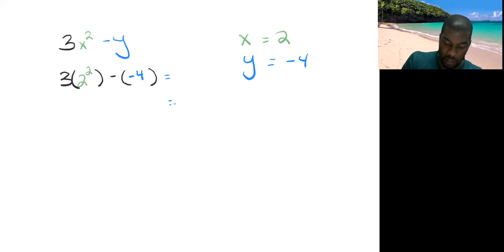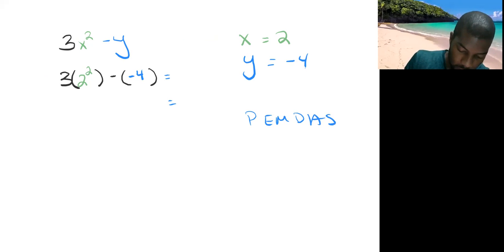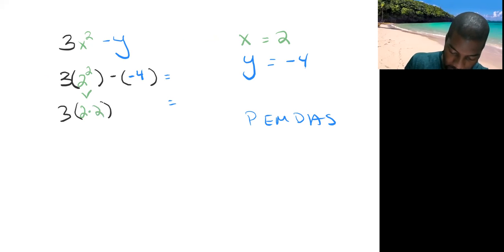All right, parentheses. Do I have parentheses? Yes, I do. Inside my parentheses is a 2 squared, so 2 squared is really 2 times 2, times 3 minus -4. All right, let's evaluate what's inside the parentheses.